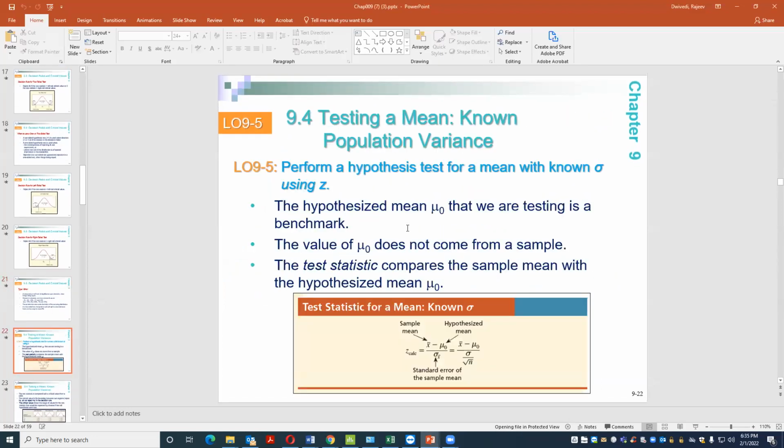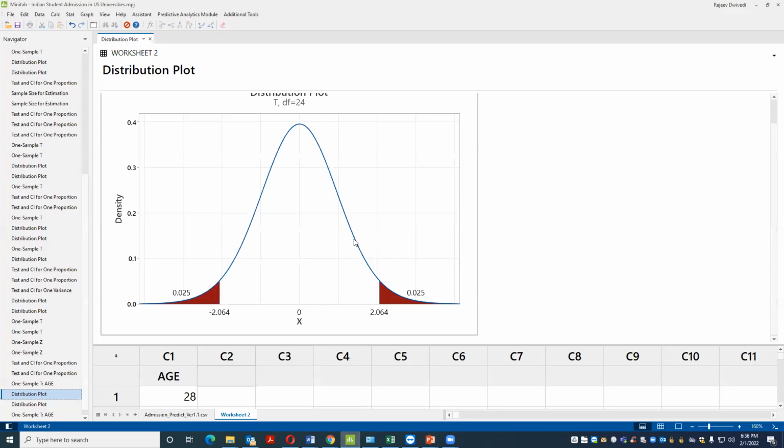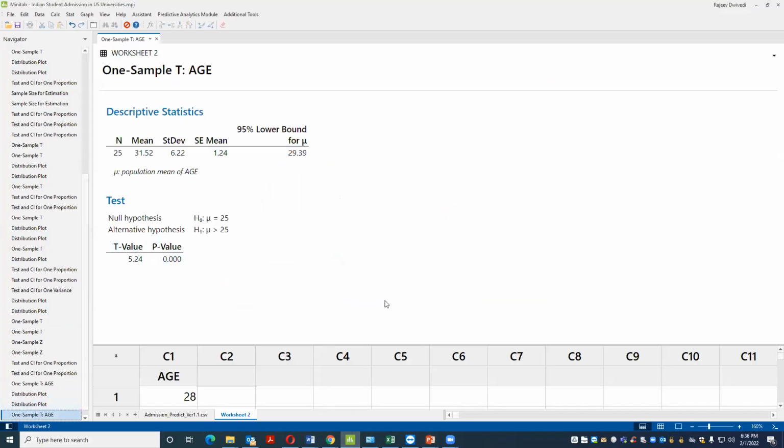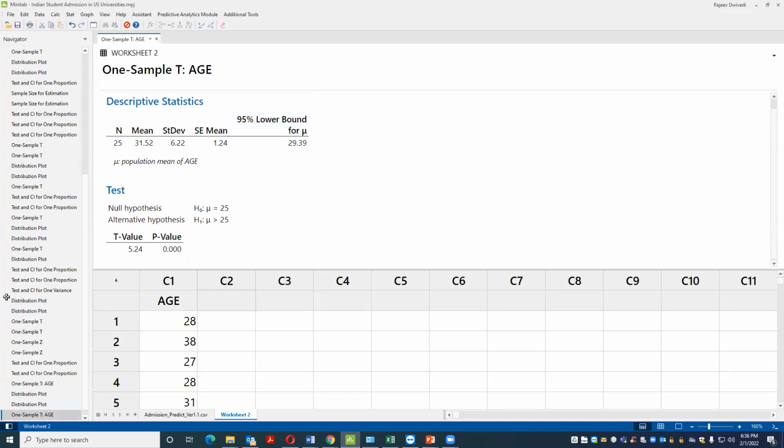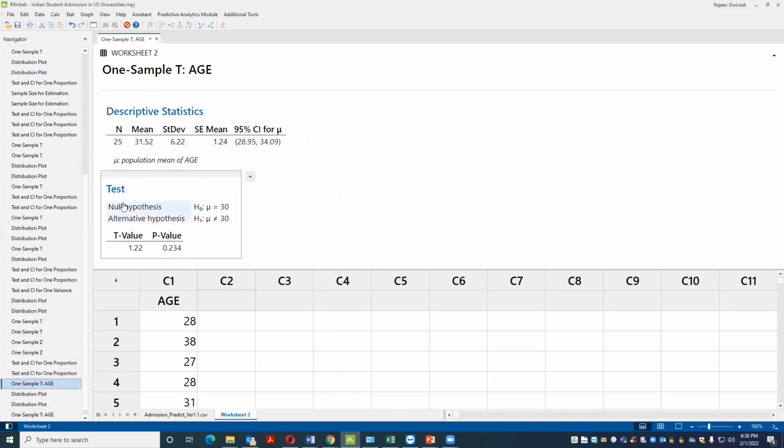Now what can be the possible thing here? Let's say we did this hypothesis, 30 years of age.